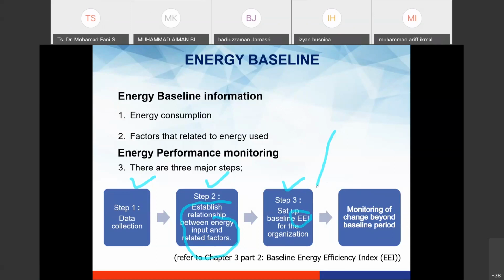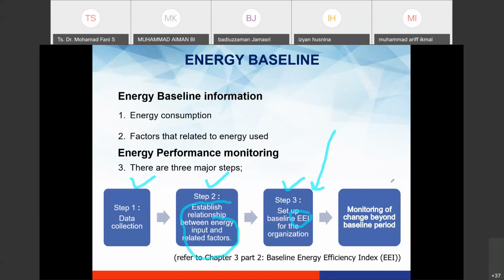So that EEI, for example, 2019 as the baseline, okay? Or we average 2 years, 2019 and 2020, as the average value for both years to be the baseline for us to make the changes, or to make energy conservation measures or to practice energy efficiency, so that we can see the performance.